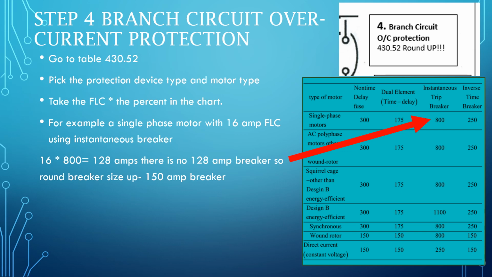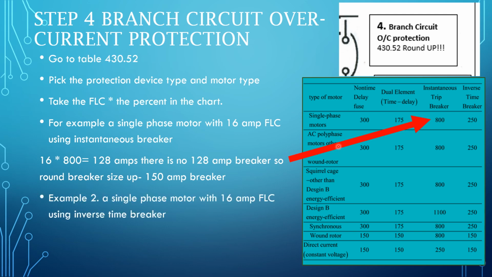I know that sounds weird and feels weird, but that's what happens with an instantaneous trip. With an instantaneous trip, that inrush spike, there is no delay in it tripping the breaker. If you know you're going to be running motor loads, you may want to use inverse time breakers.